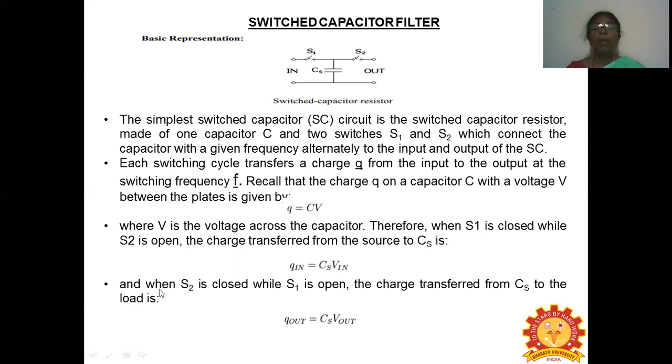And when S2 is closed while S1 is open, the charge transferred from the capacitor Cs to the load or output is also represented by Q out equals Cs times V out.